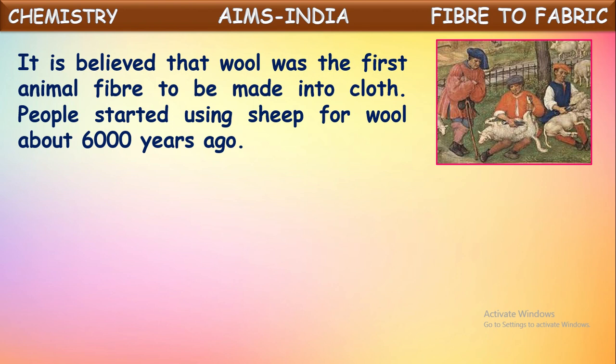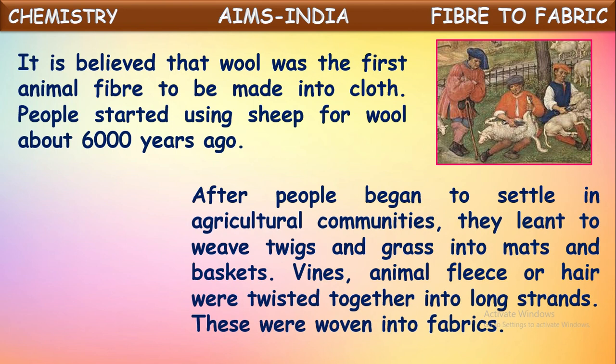People started using sheep for wool about 6,000 years ago. After people began to settle in agricultural communities, they learned to weave twigs and grass into mats and baskets.